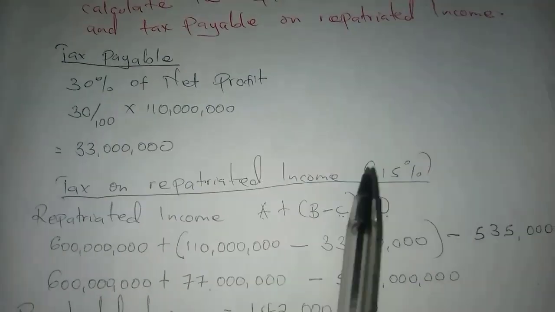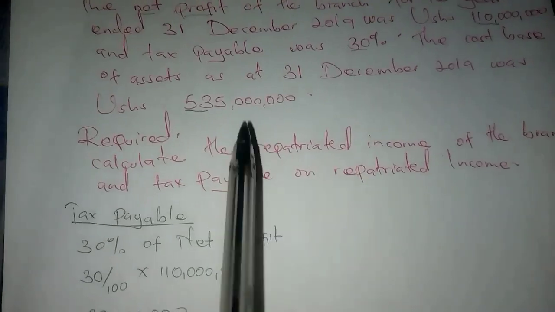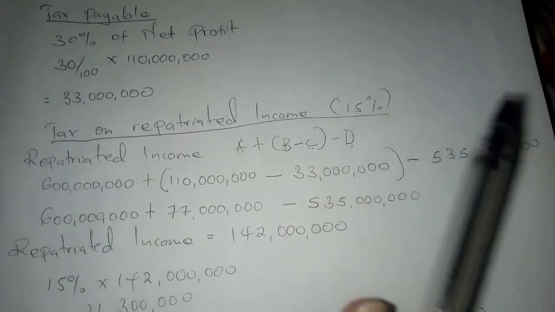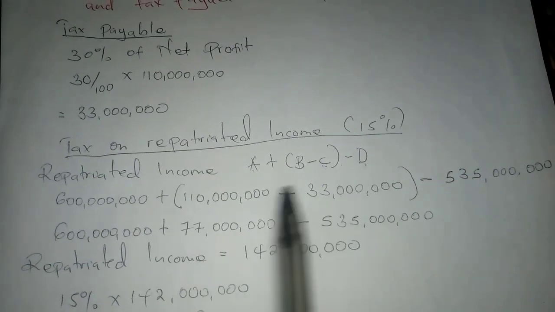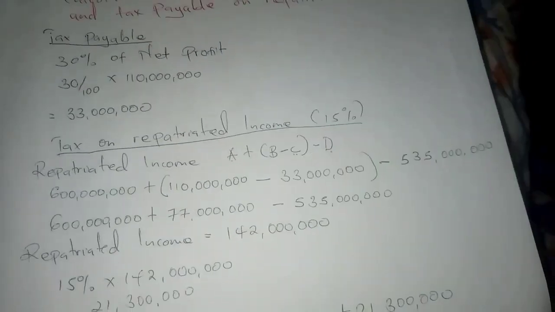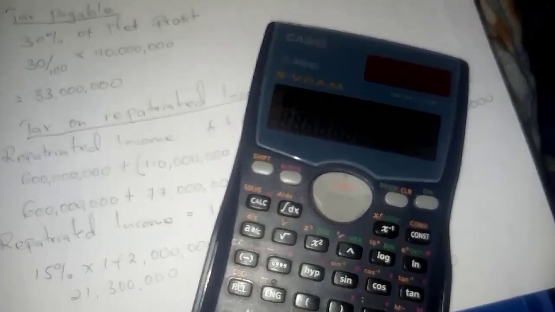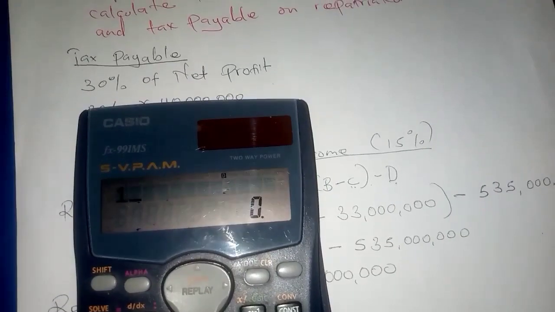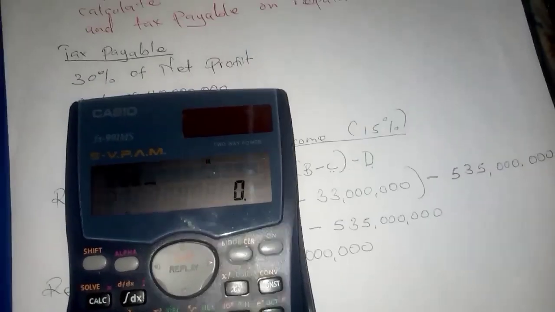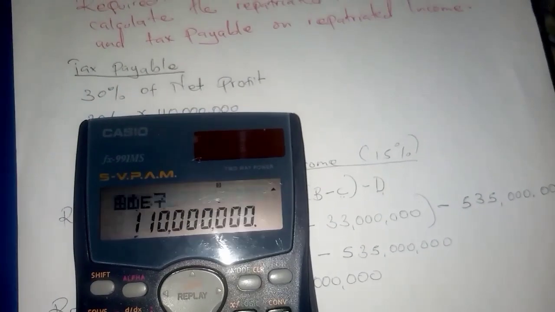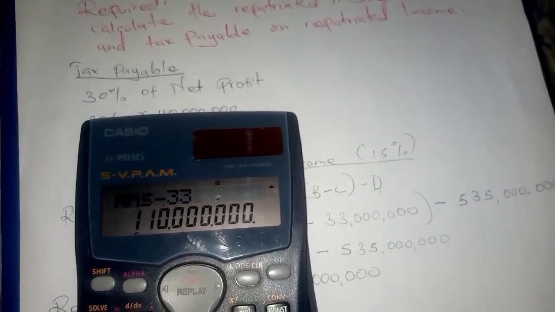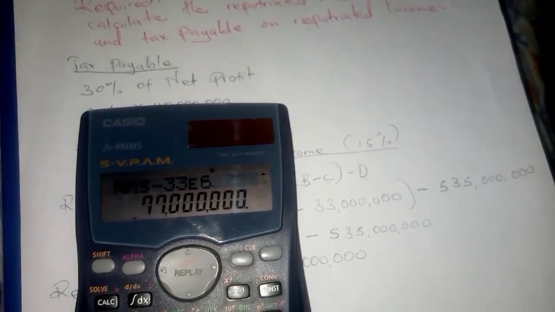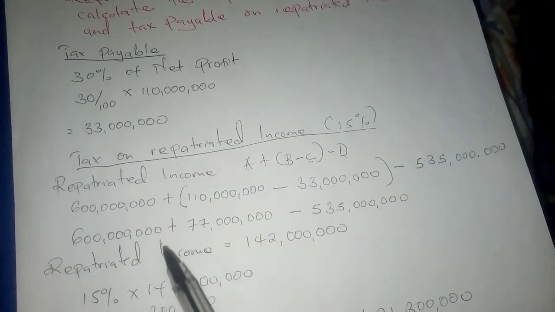Then minus D, which is the net assets at the end, this one. So you first subtract 110 E7 minus 33 million with 6 zeros. It is 77 million.